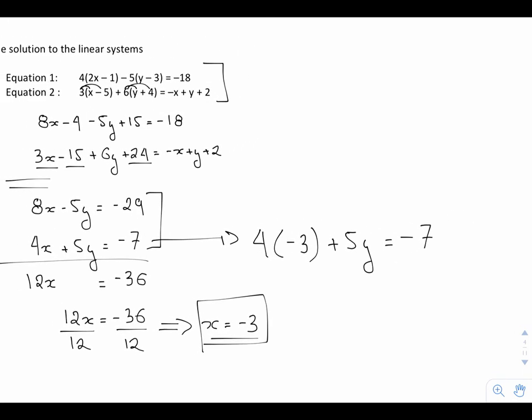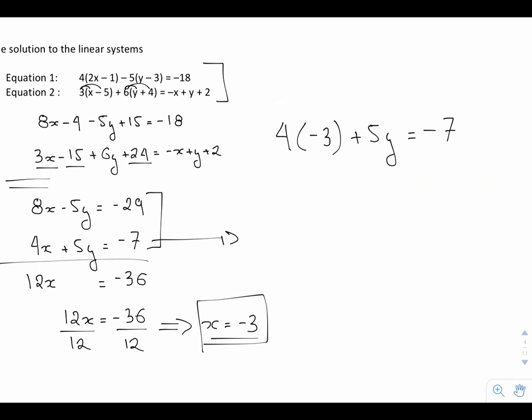Now once I do all the work here, you know what, let me bring this underneath. I'm going to actually move this first, give myself some more space. So here's my work. When I multiply this out, I have negative 12 plus 5y equals negative 7. 5y is equal to negative 7 plus 12 gives me 5.